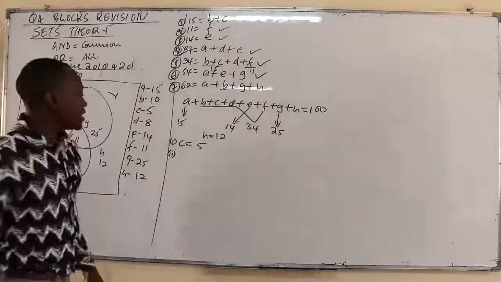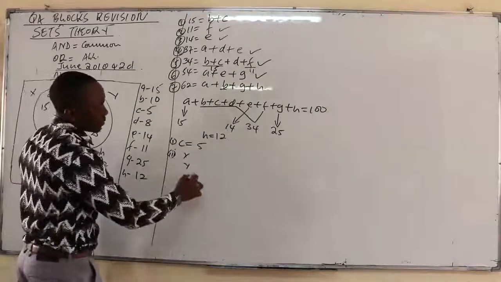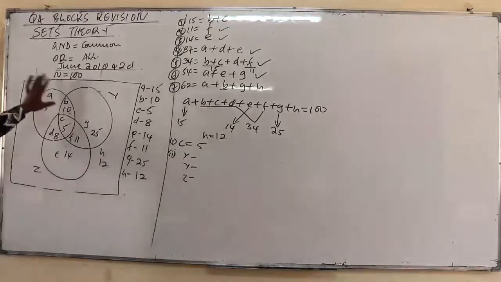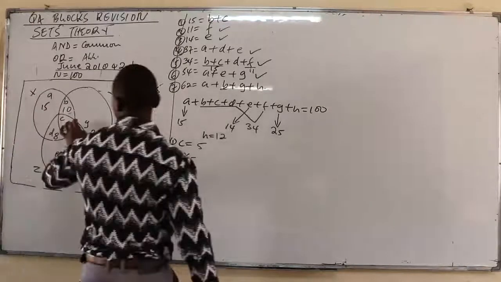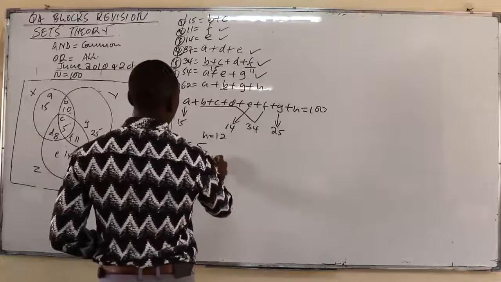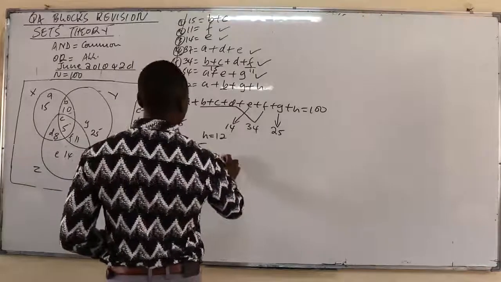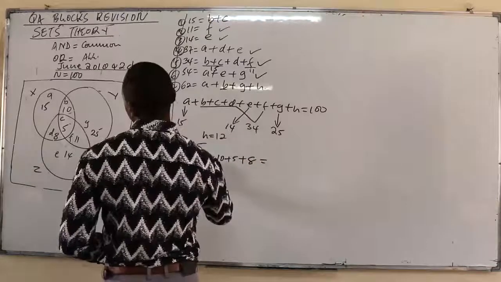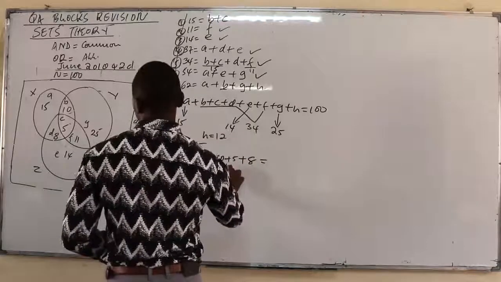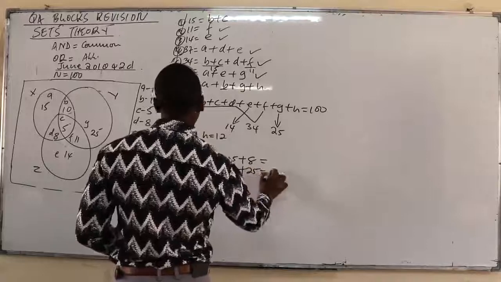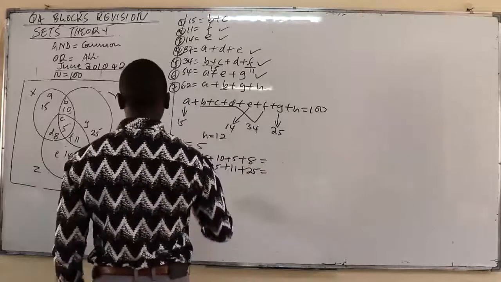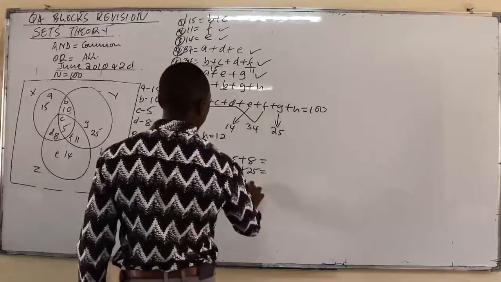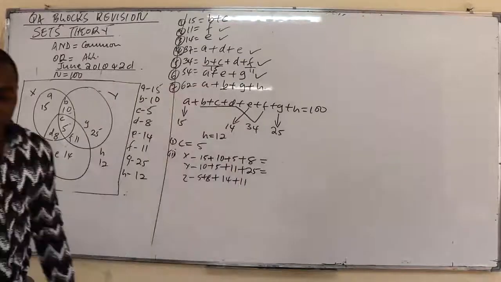So we had 3 candidates, X, Y, Z. Let's get all the voters who are in favor of X. So X, we had A, B, C, D. So A is 15, B is 10, plus 5 plus 8. Then Y, we have 10 plus 5 plus 11 plus 25. And for all the members in Z, we have 5 plus 8 plus 14 plus 11, so 25 plus 13.